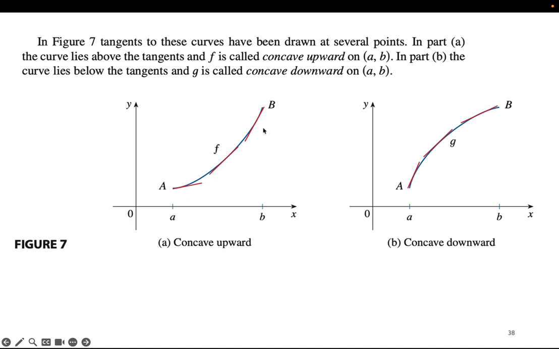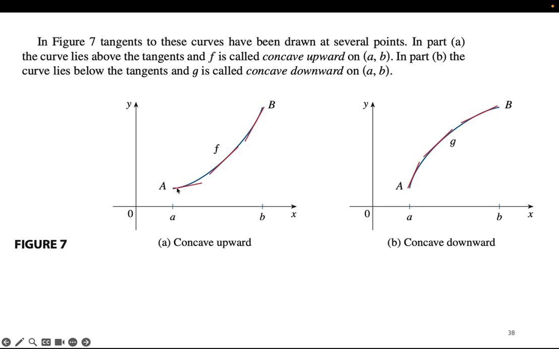On the left side it's concave up. How can you tell? What does it mean to be concave up? Look at f prime here. It's positive. In fact, all of these are positive. But notice that the slope is getting more and more positive: small positive, bigger positive.